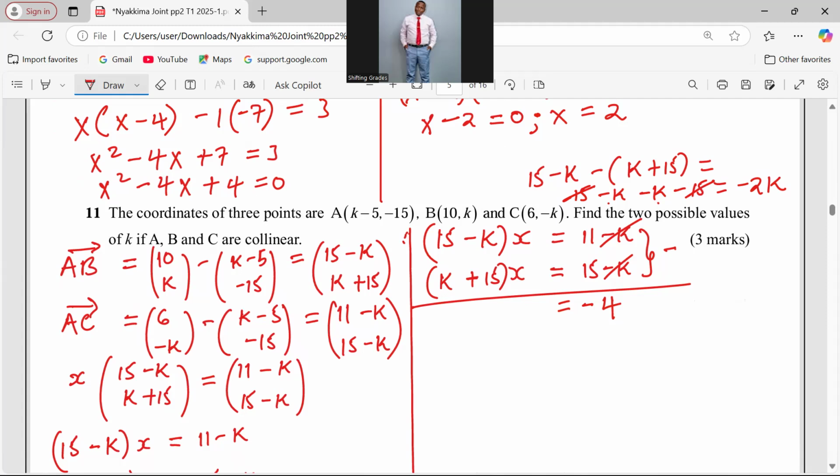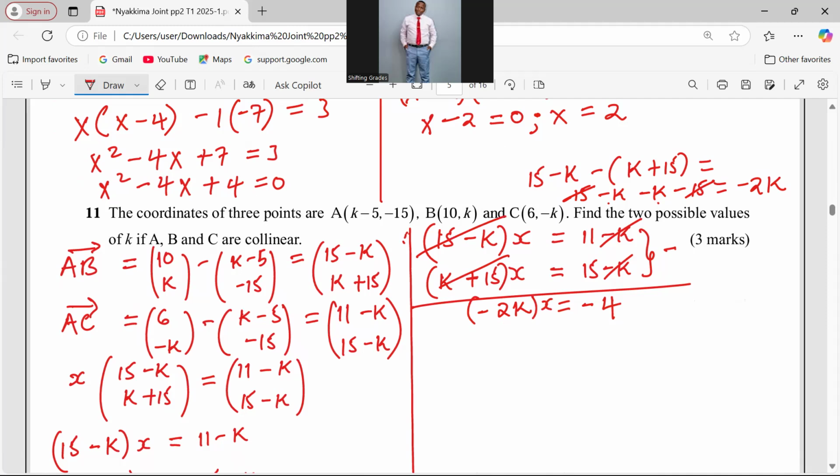So when we subtract, we get negative 2k as the coefficient of x.